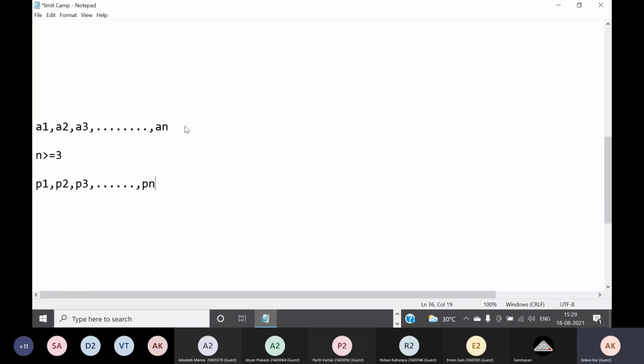This is another sequence where Pi is equal to (Ai, i).